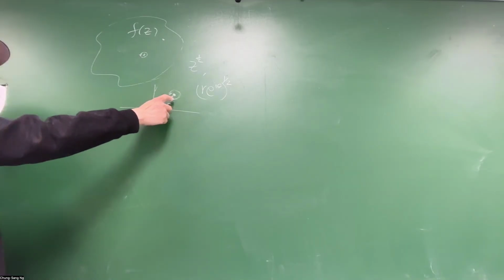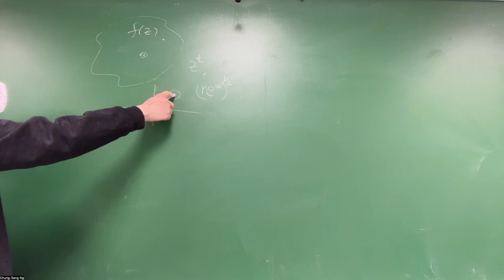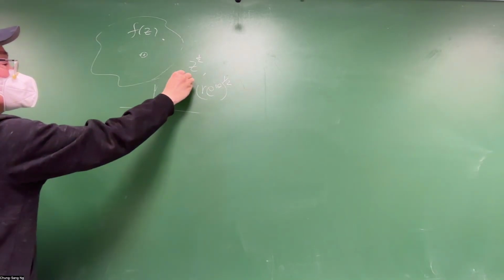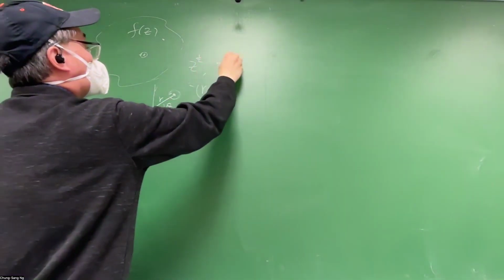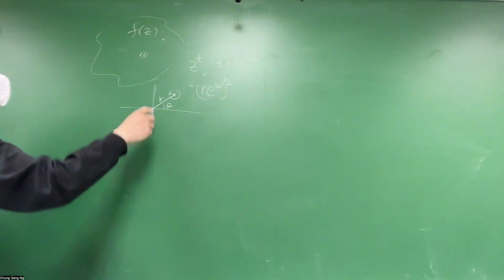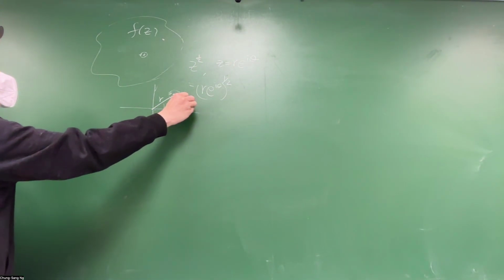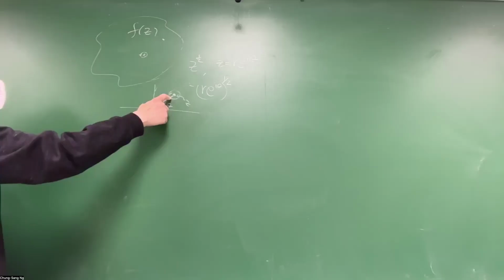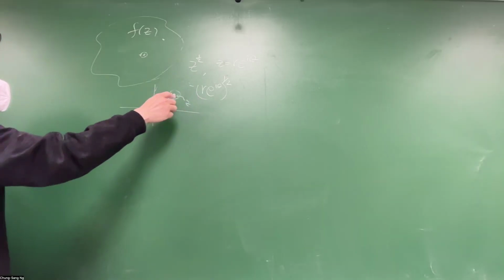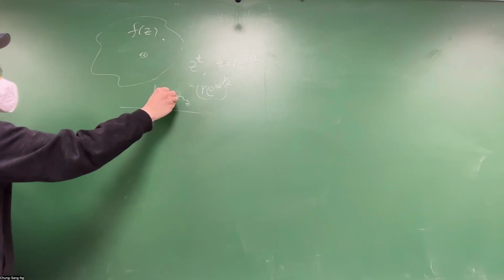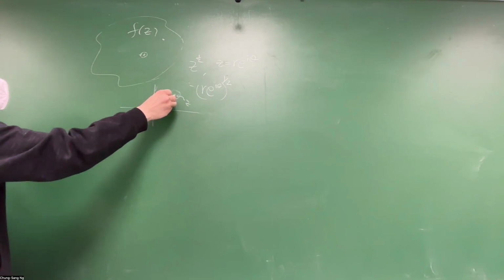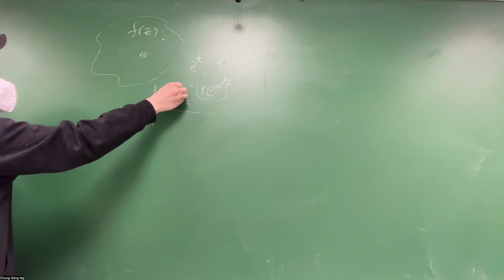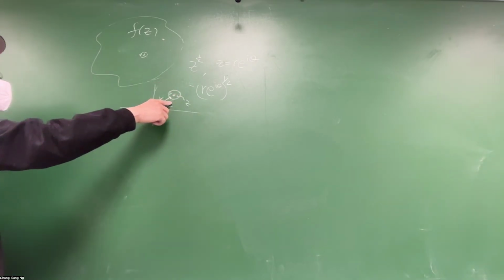Any point z is r e to the i theta. If I just go around a little loop, what is theta? You start with any value, say here, whatever the value is. Theta will decrease, and then increase, and then decrease, right?